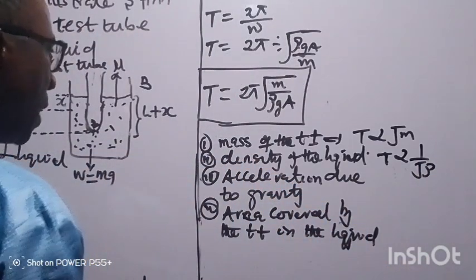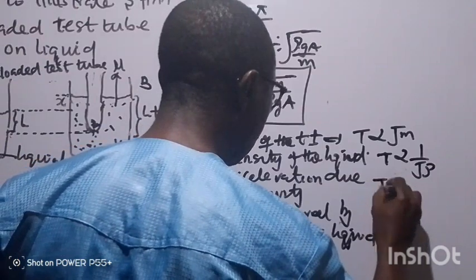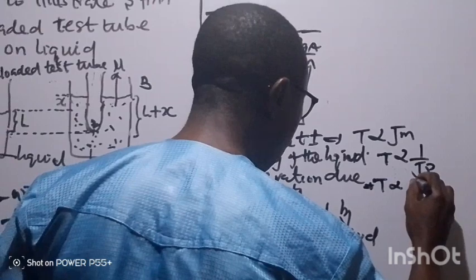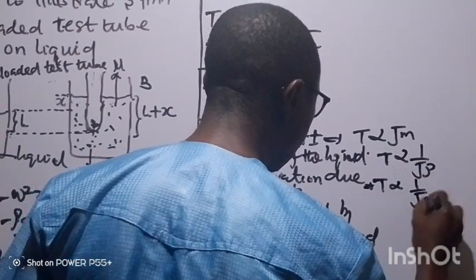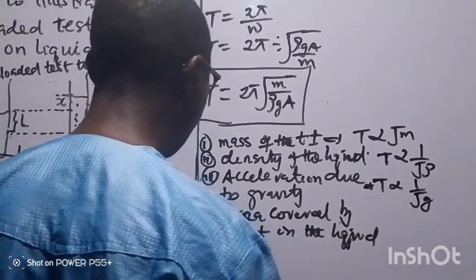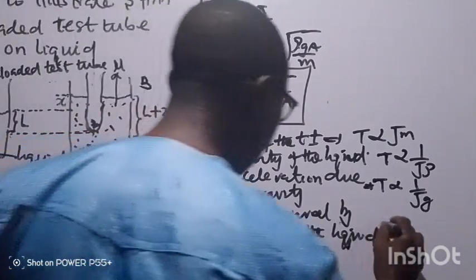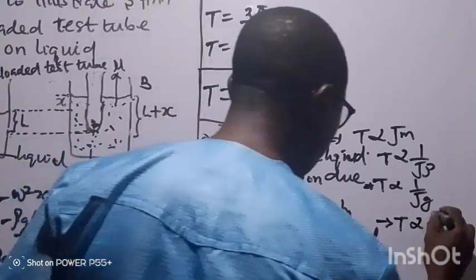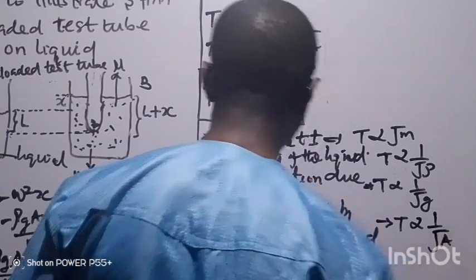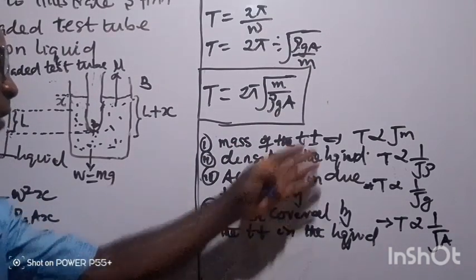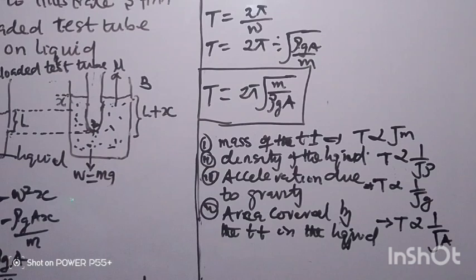At the same time, T will be inversely proportional to the square root of acceleration due to gravity. And the last one, which is area, T will be inversely proportional to the square root of area covered by the test tube on the liquid. So these are the factors that determine the magnitude of period of oscillation of a loaded test tube.